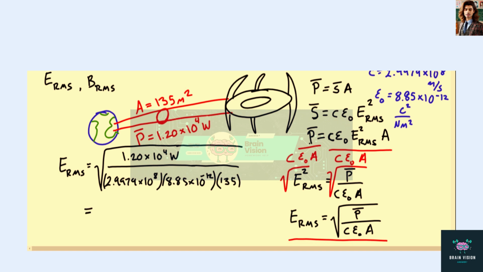It should all come out to about 183. And if we keep a close eye on our units, meters per second, coulomb squared per Newton meter squared here, all of our units should turn out to be newtons per coulomb, exactly what we expect for the electric field.